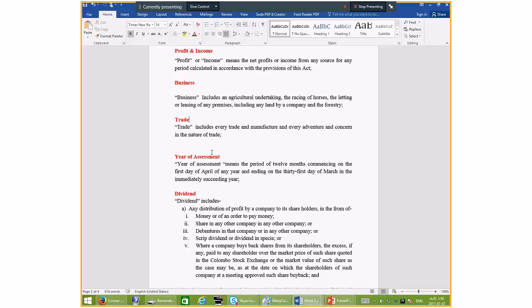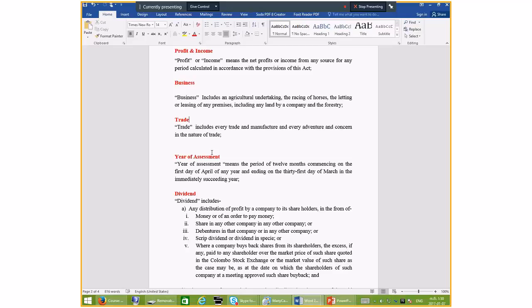We say the profit from any trade comes within the definition of section 3A. If it is a company, it goes under the meaning of person, and a manufacturing business is included because the word trade includes it. The profit from trade is going to be taxed. The manufacturer's profits also come within the definition of trade.